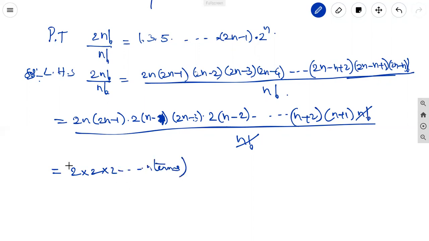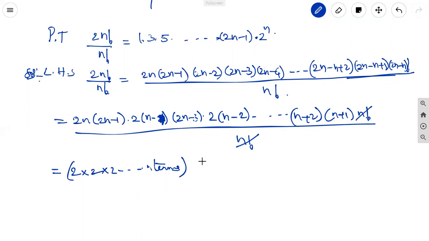up to n terms. These are the n terms. Why? Because in the 2n we are taking n terms. Already n terms get cancelled in the numerator and denominator factorial, so the remaining terms are n terms.